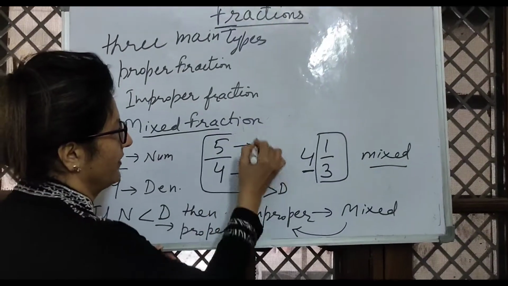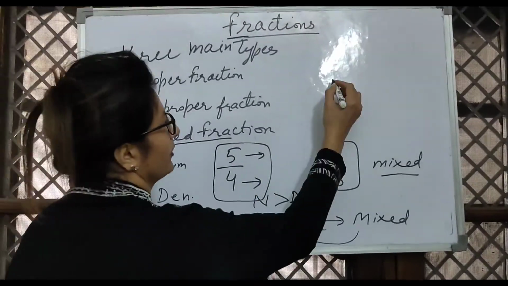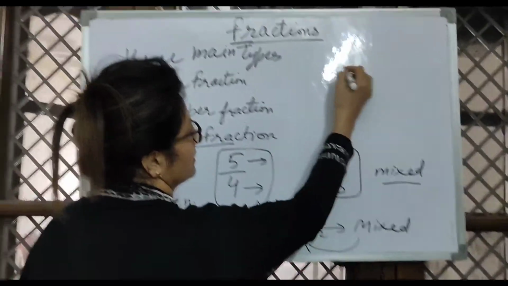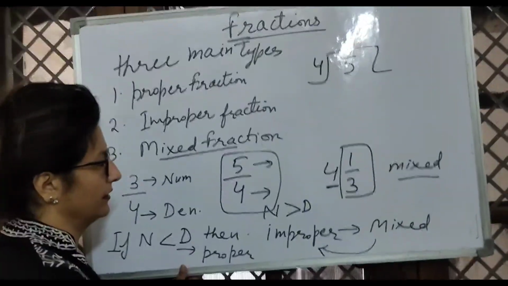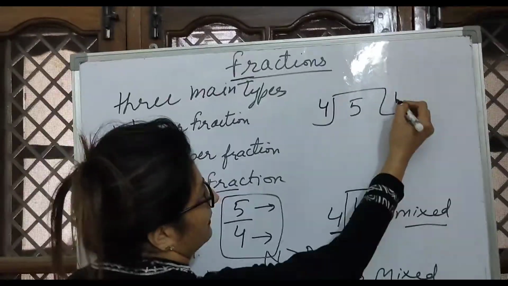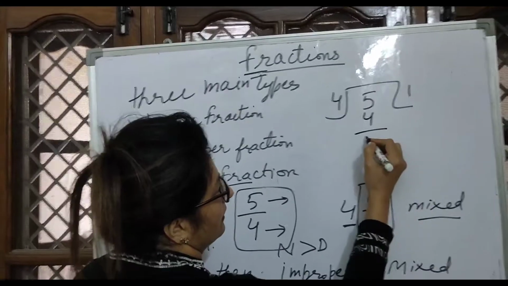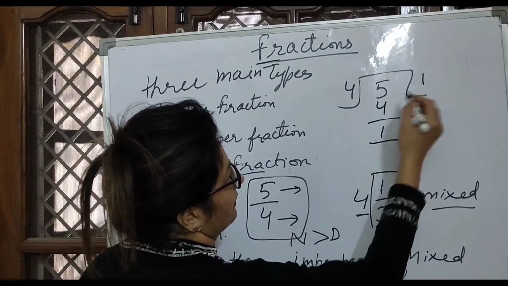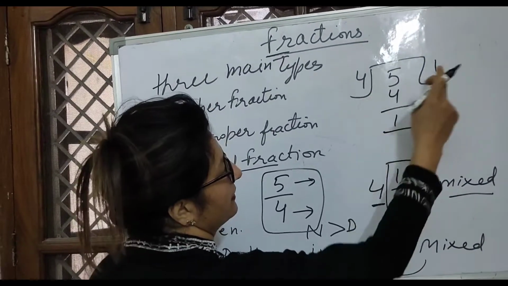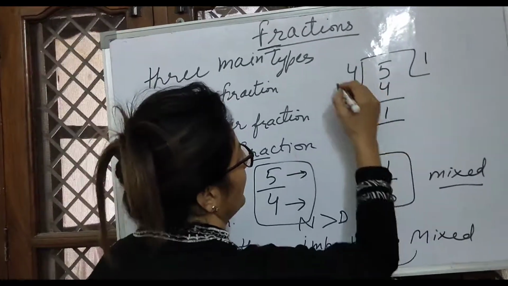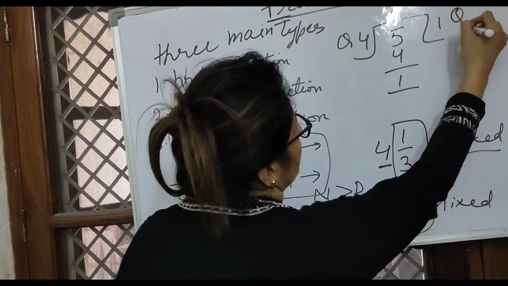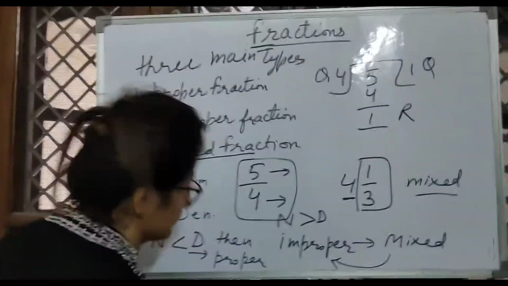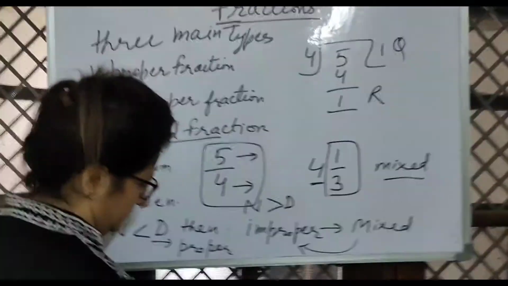This is improper fraction. If I divide 5 by 4, this is the divisor, this is the quotient and this is the remainder. Okay.